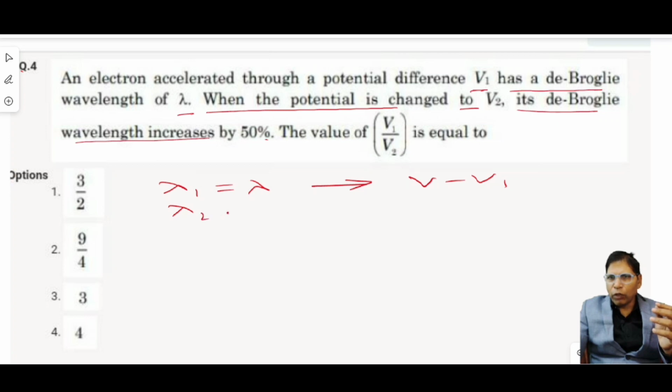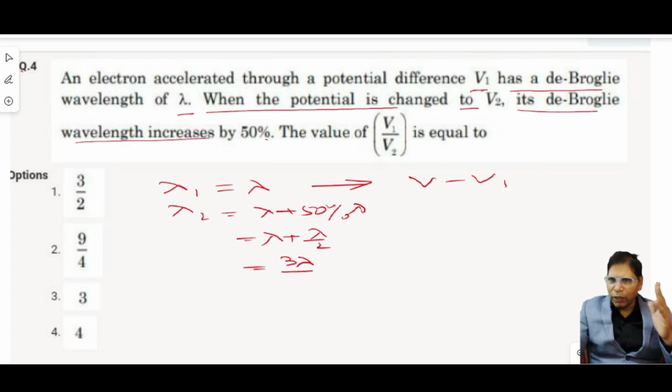Then lambda 2 equals lambda plus 50% of lambda. That is lambda plus lambda by 2, so this is 3 lambda by 2. Then V equals V2. We have to calculate V1 by V2.